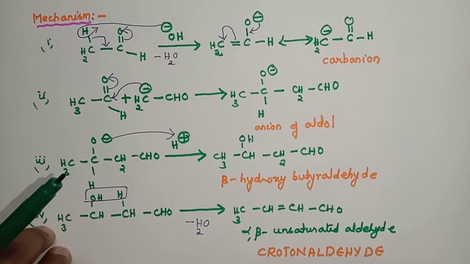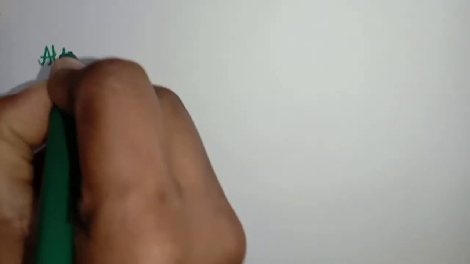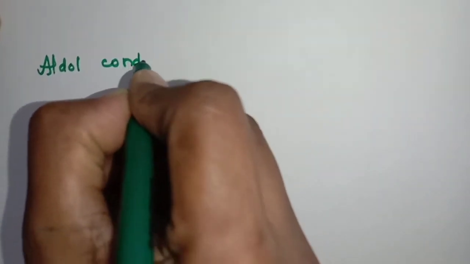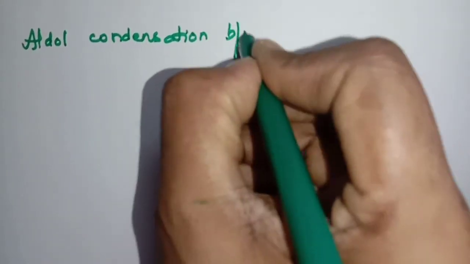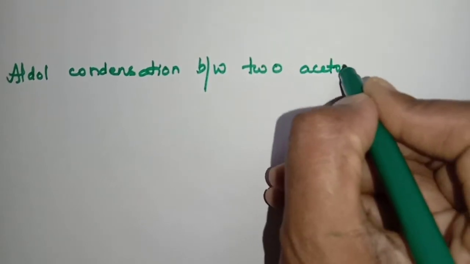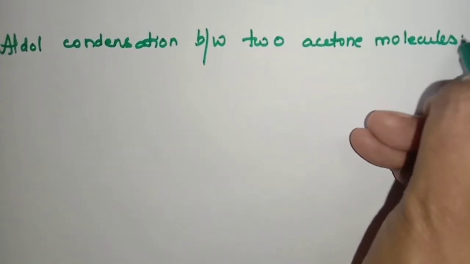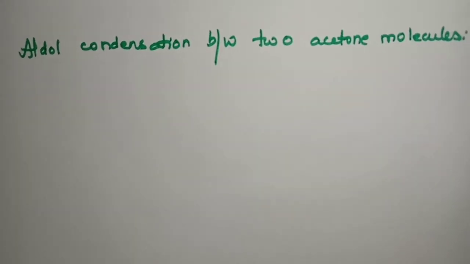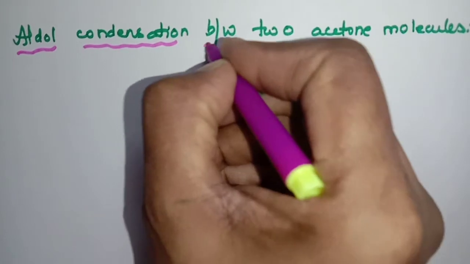Okay. And one more example under this I am going to give you. So write down, put the side heading, aldol condensation between two acetone molecules. Okay. So what I will do is I will just give you the reaction. You do the mechanism on your own.